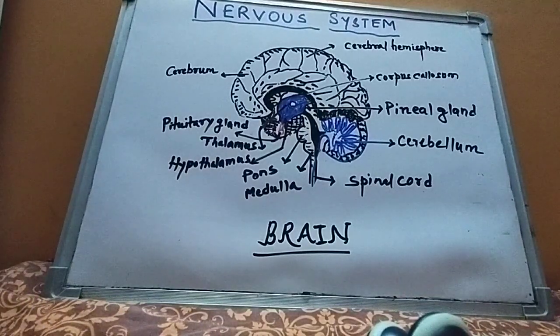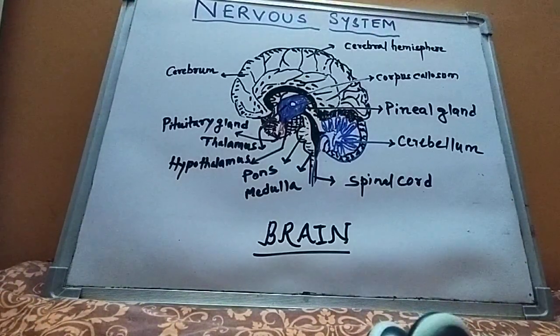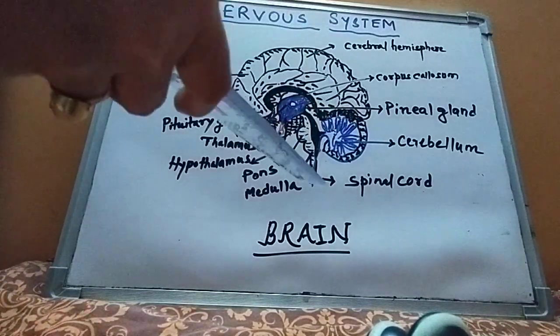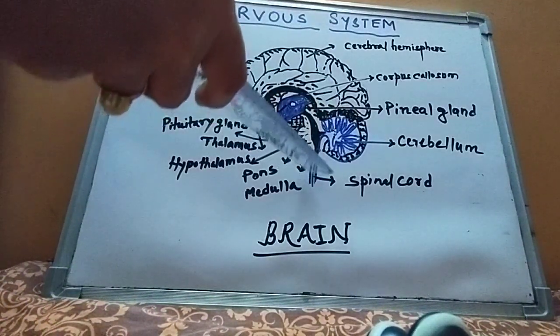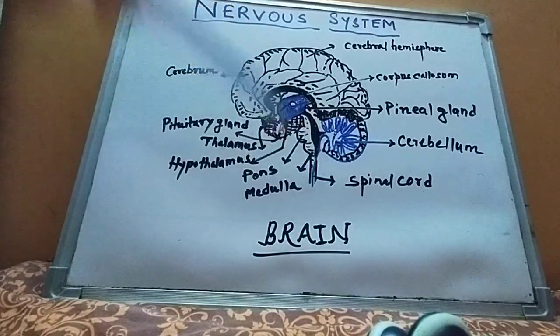controlling the pituitary gland. The next one is the hindbrain, which consists of three parts, called cerebellum, you can see this leaf-like structure, and just opposite to that pons, and lower to the pons, that is medulla oblongata, which continues with the brain stem.